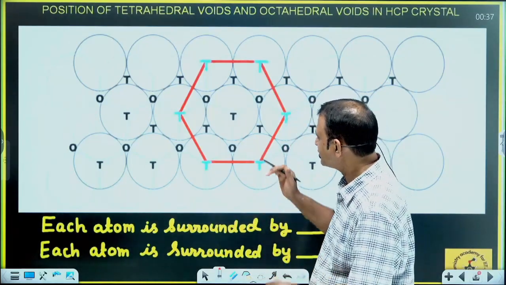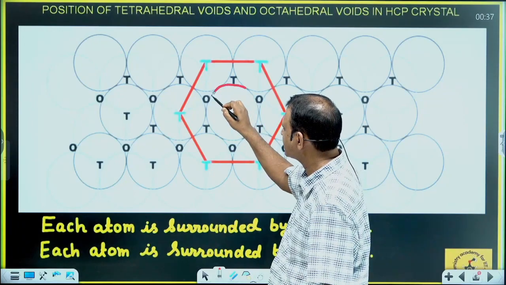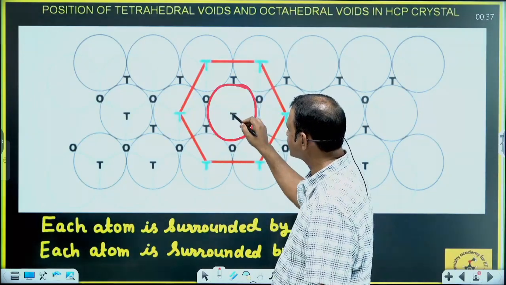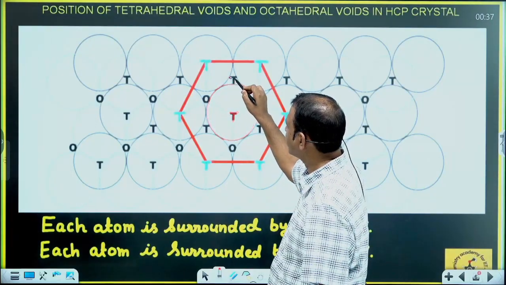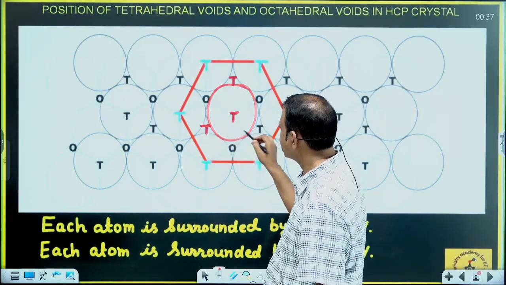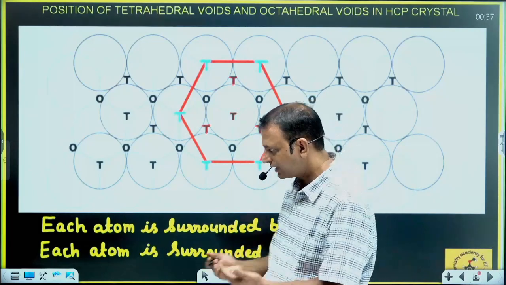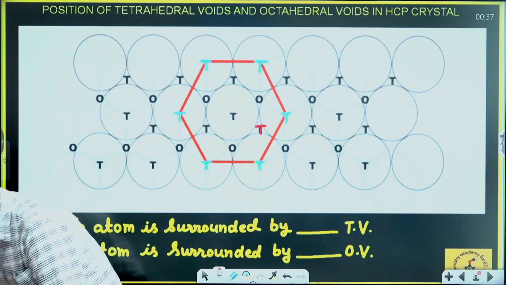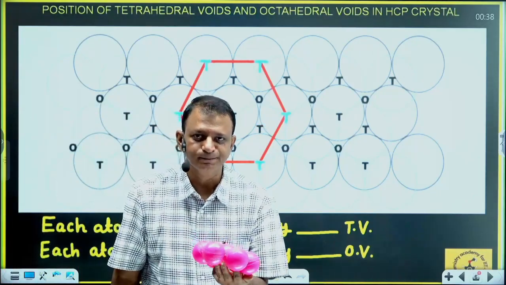So here first we are discussing this atom present at the center of the regular hexagon. You can see that corresponding to this atom there are 4 positions of tetrahedral void, right? So let us understand with the help of this model how these 4 tetrahedral voids are there.